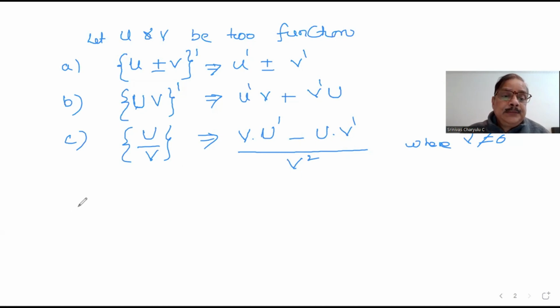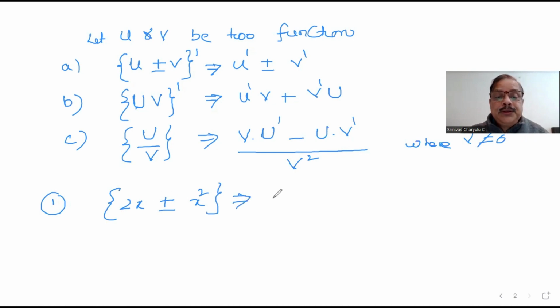Let us say, for example, I am having one sum. I'll do it here and show you, applying the first rule. 2x plus or minus x square. Straight away with respect to the first rule, u is equal to 2x, v is equal to x square.